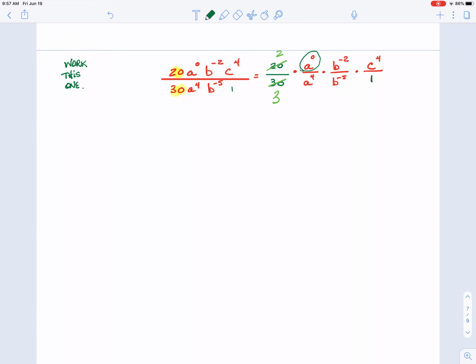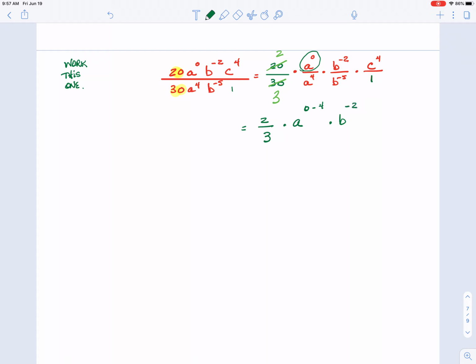So you can see that I've taken the 20 over 30 and I've reduced it down. So this is going to be 2/3. The base A, I'm going to start with the 0 and subtract the 4. Notice I'm connecting these with times.